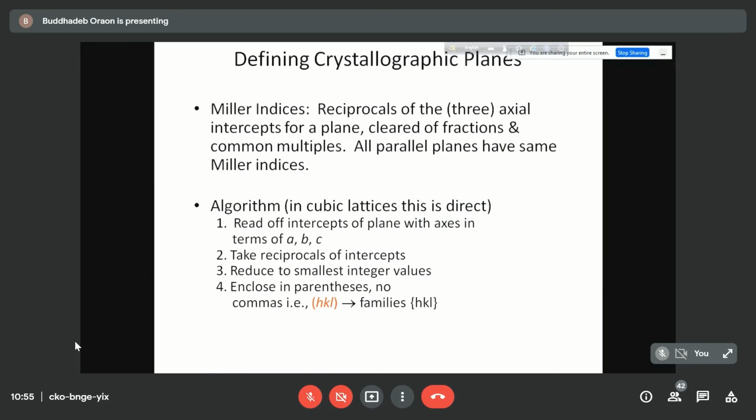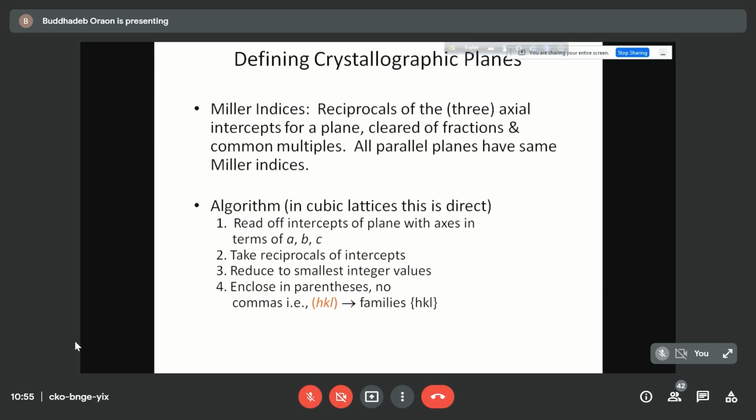Then planes, defining the crystallographic planes. Miller indices are used to define the planes, and they are the reciprocal of the axial intercepts of a plane, cleared of fractions and common multiples.